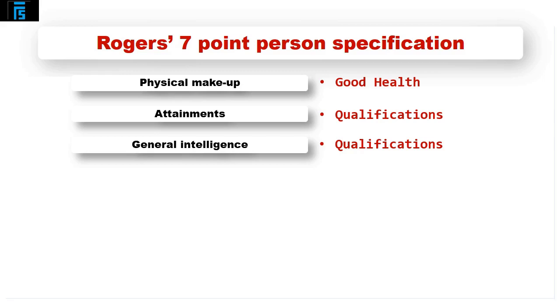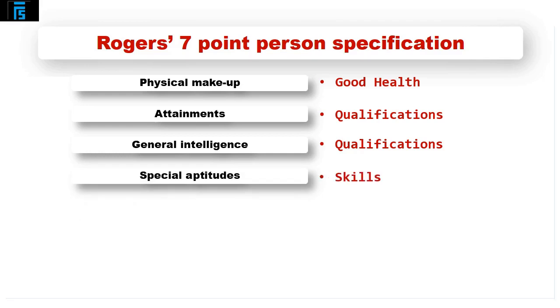But in other situations, it might be that there aren't any formal qualifications that we want. It may not be appropriate, but we want someone who's got a general level of intelligence. Any particular special aptitudes. So that might be particular skills that we have got. As far as being a lecturer is concerned, probably there aren't that many of them.